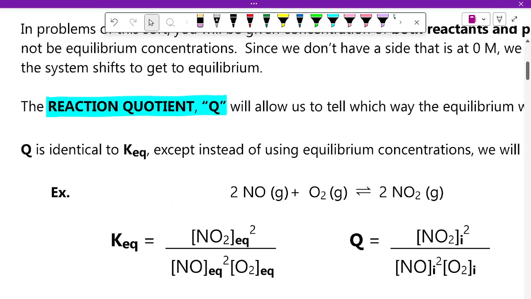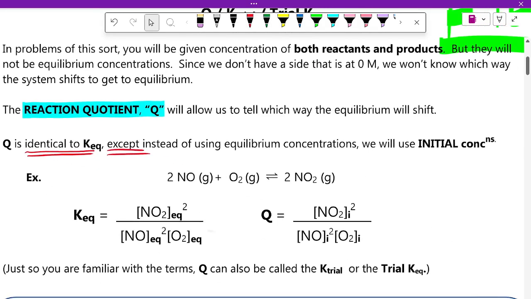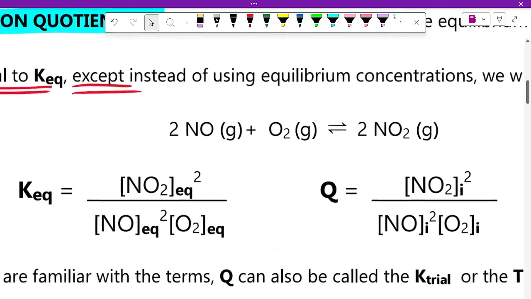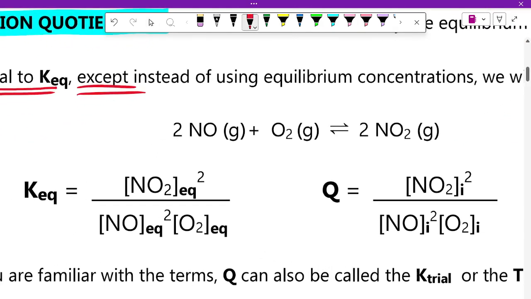The reaction quotient is identical to KEQ, except instead of using equilibrium concentrations, we use the initial concentrations. So for example, if this is our reaction here, KEQ is the equilibrium concentration of the products over the equilibrium concentration of the reactants, whereas Q, the reaction quotient, is the initial concentration of the products over the initial concentration of the reactants.